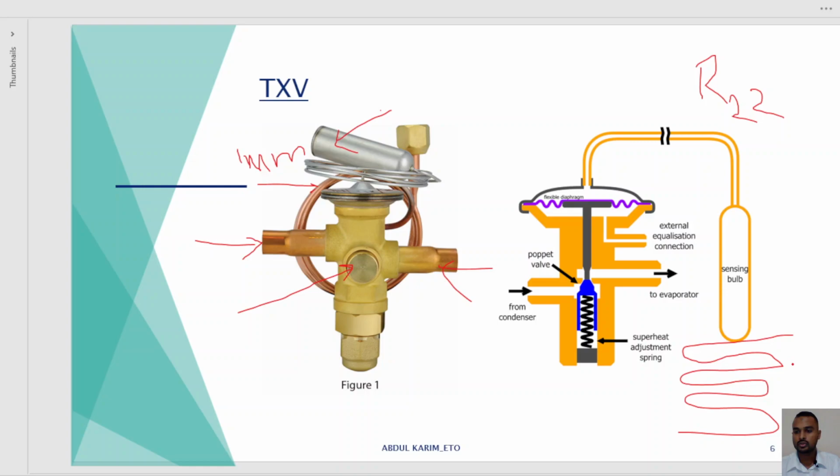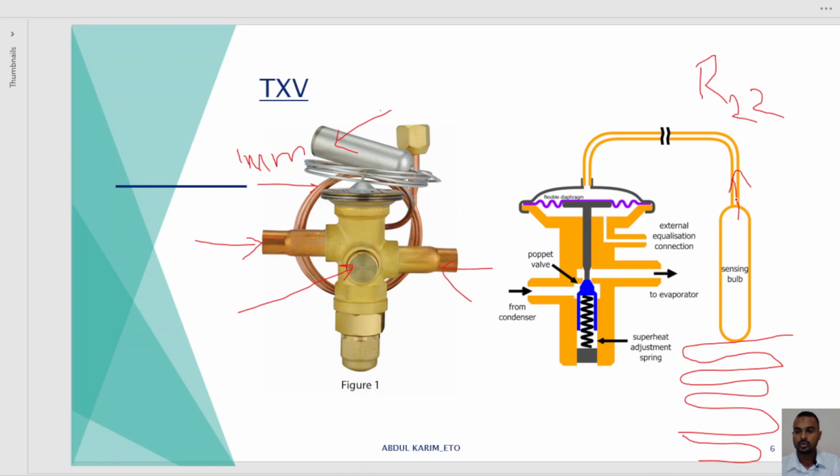So when the evaporator is heating up from the surrounding region, that means the enclosed region, it supplies the heat into the sensing bulb. When the sensing bulb gets heat from the evaporator chamber, the refrigerant inside the sensing bulb, that means R22, will boil up. As it boils up, it creates a vapor.